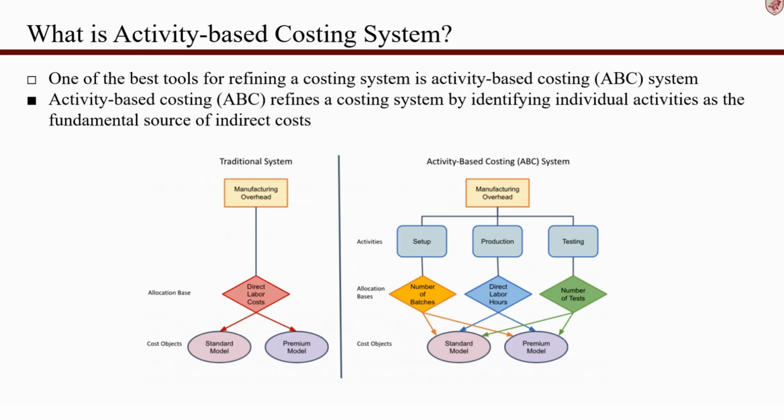And the way you allocate to different jobs, different cost objects, in this case, is pretty much the same. Just one difference is that here in the ABC system, instead of having just one allocation rate, there will be multiple allocation rates based upon which you allocate to different cost objects.